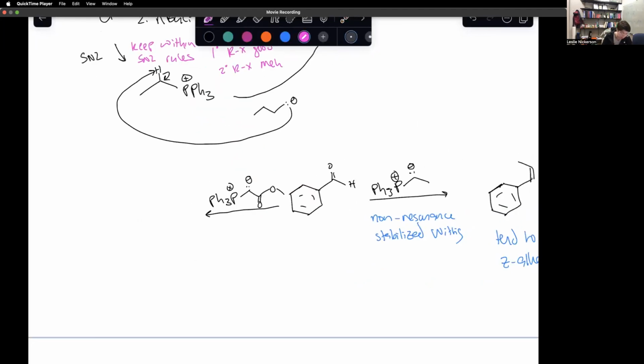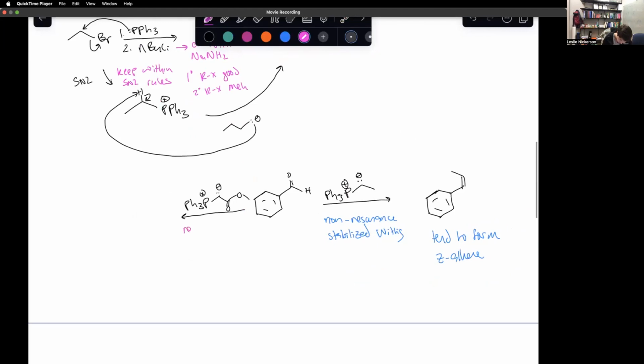So this one is stabilized, and that tends to give us the E alkene isomer. So we've got the Z over here, the E over there.